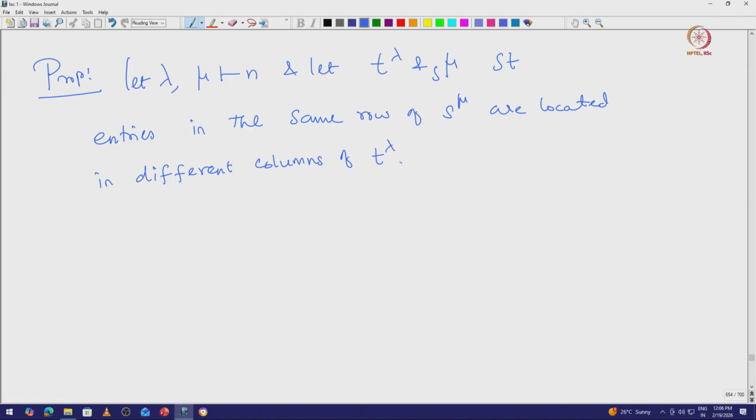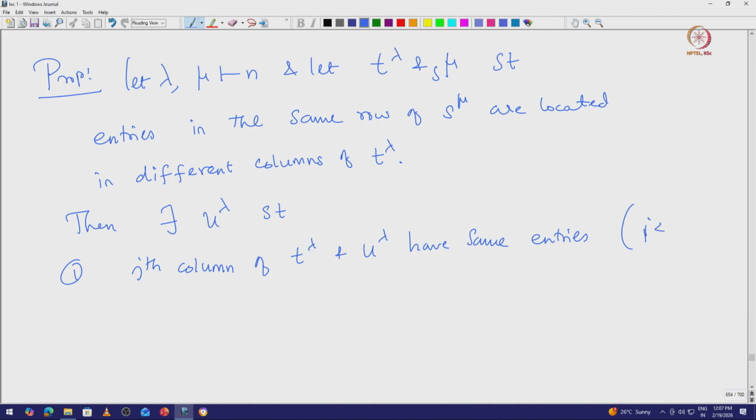So, this is the condition. Then we can find U lambda, which is a lambda tableau, such that the jth column of T lambda and U lambda have the same entries for all j from 1 to L. So, we are having the convention that the length of lambda is L and the length of mu is M.